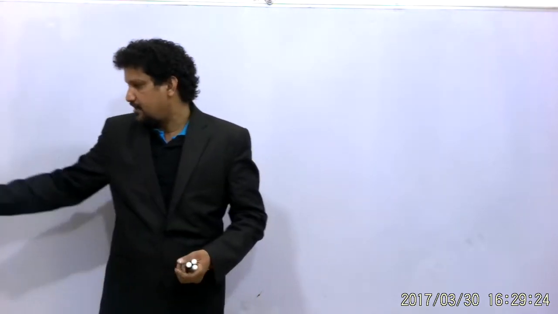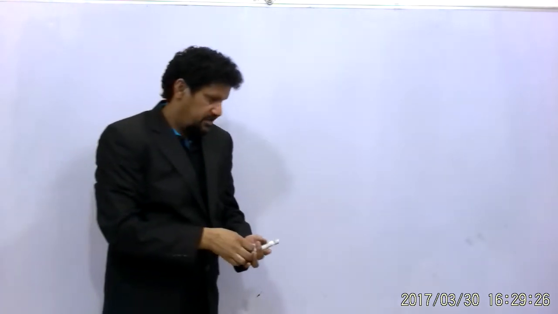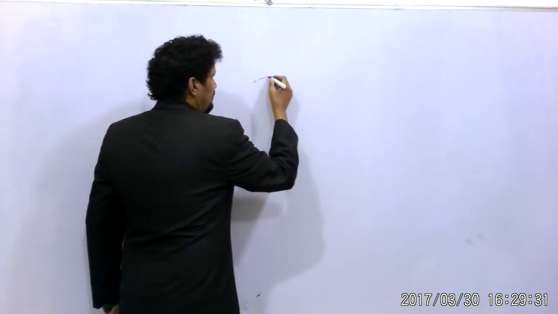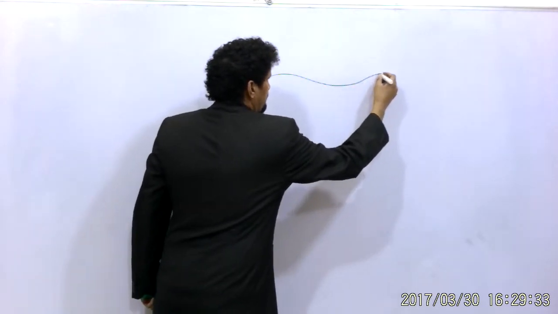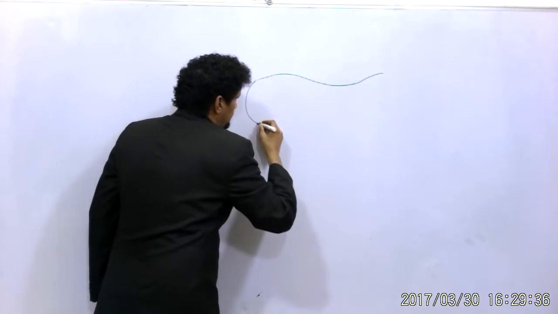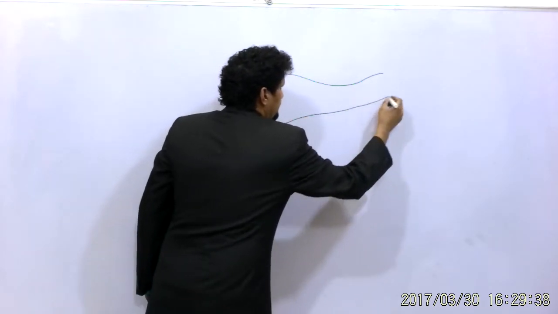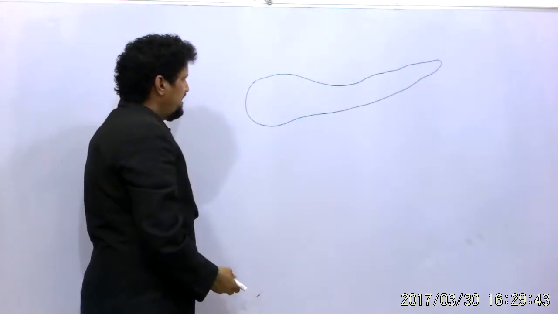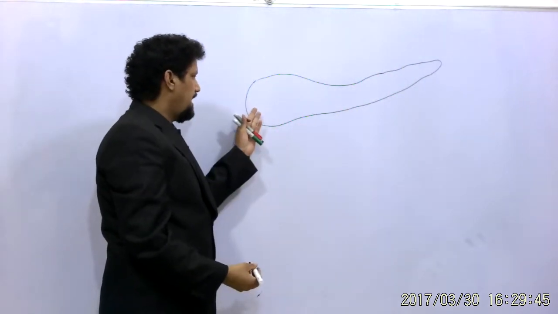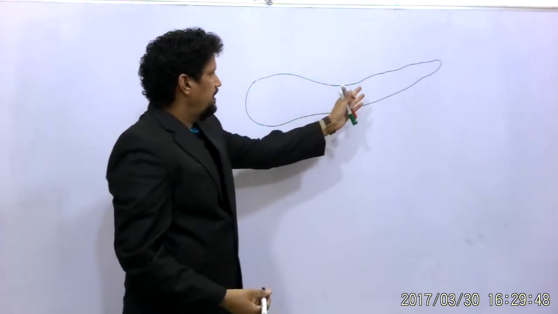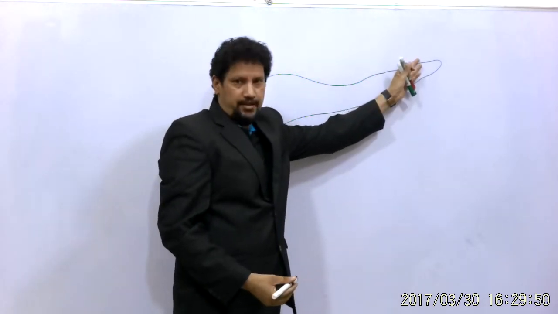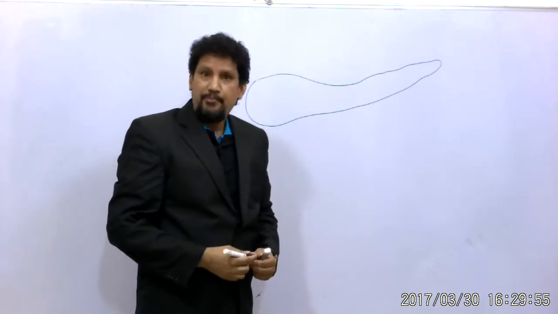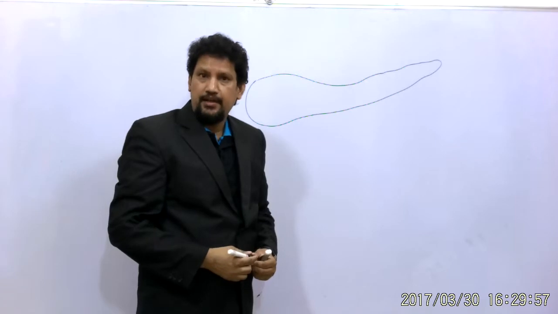Behind the neck of the pancreas, an endocrine and also exocrine gland, a long fleshy gland having head, neck, body and tail. The tail of the pancreas reaches up to the lienorenal ligament.